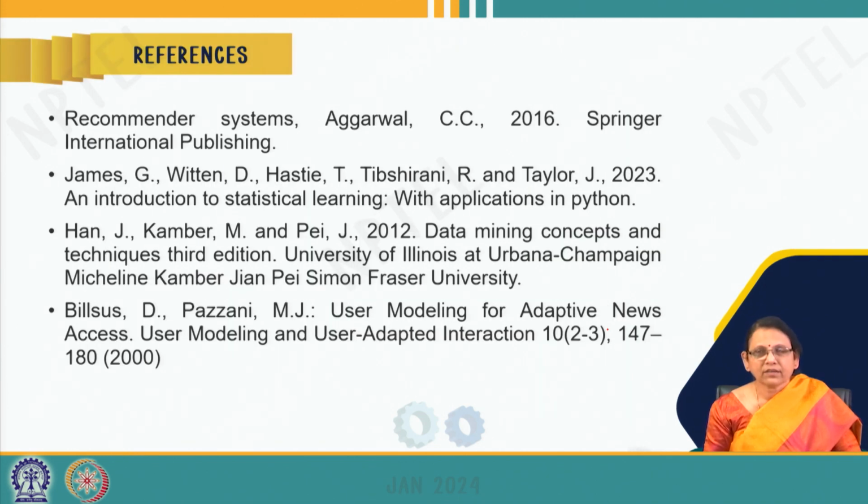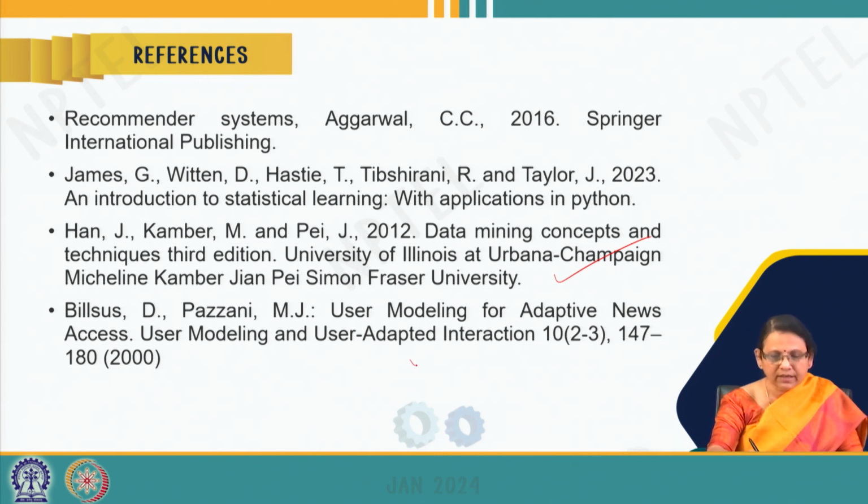These are the references that we have used, and specifically we have taken the example from here, which was one of the very early adoptions of such a system for a news recommender system. And if you look at today also, naive Bayes is still a popular algorithm.